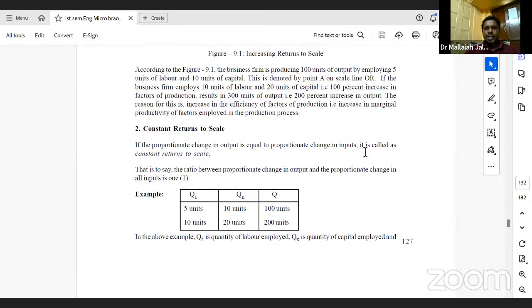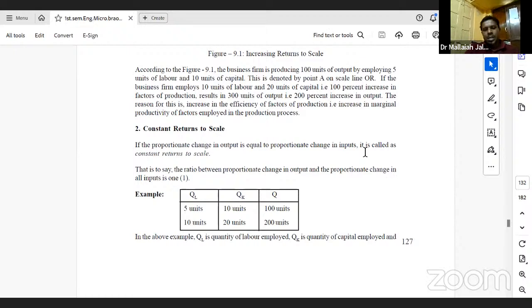See, when we talk about this, if the proportionate changes in the output equal the proportionate changes in the inputs, we call it constant returns to scale. What does it mean? Same proportion, how much we are utilizing the capital and labor, that leads to increase the same proportion of the output.